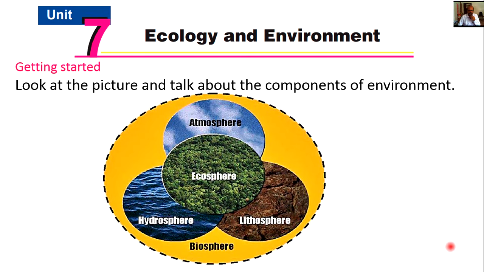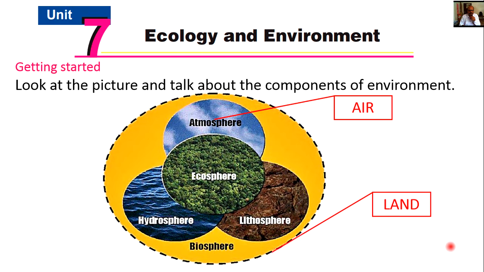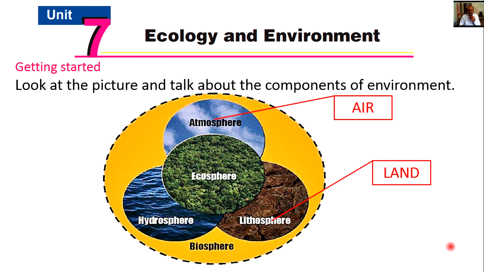Here: ecosphere, atmosphere, hydrosphere, lithosphere, biosphere. Let me say a little bit about the different components of environment. The atmosphere means air, related to air, and lithosphere means related to land, soil. Similarly, hydrosphere is related to water.